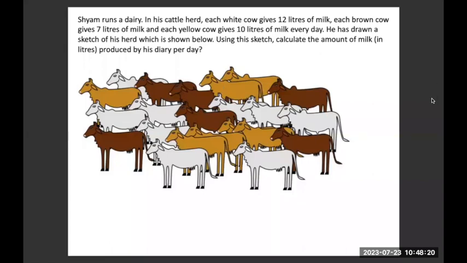One sec. Kavya, wrong answer. Tanvi, Lavya, Yesha, correct answer. Sanchi, correct answer. Heer, correct answer.